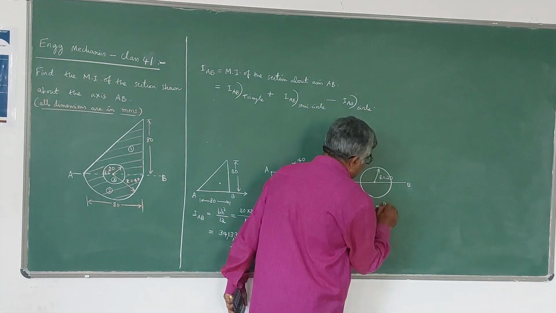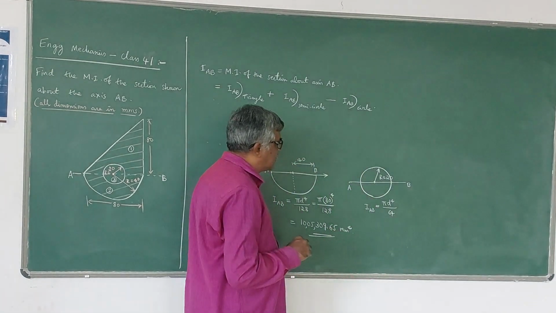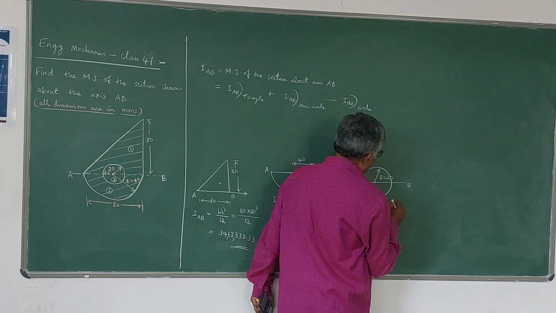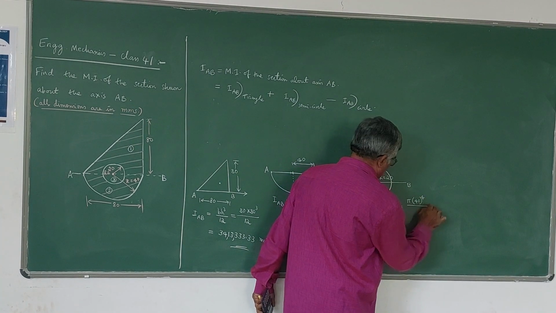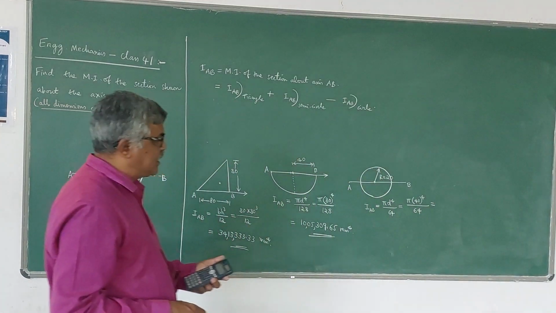So you can take the formula pi by 64 times d to the power 4 for the circle. d is 2r, twice the radius, which once again becomes 40. So pi into 40 to the power 4 divided by 64. This is the value of IAB for the circle.